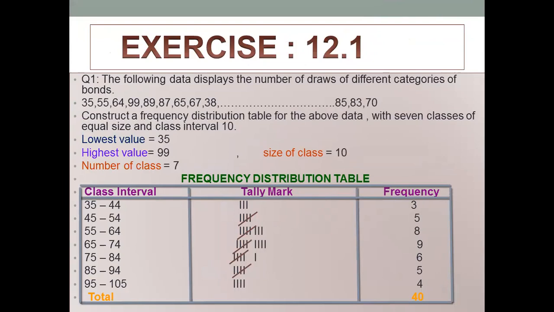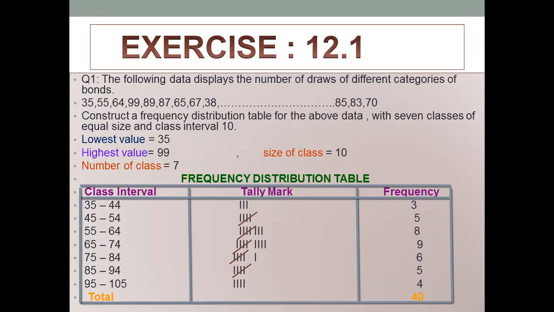You have already done this in class 7. Do you remember this? This is very easy because the class interval and the number of classes are already given to us. We only make the frequency distribution table. In class 7, you find the lowest term, the highest term, and then subtract. Sometimes the class interval is given and sometimes the number of classes, and according to that we calculate the class interval or number of classes.